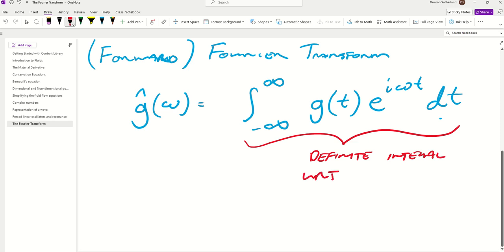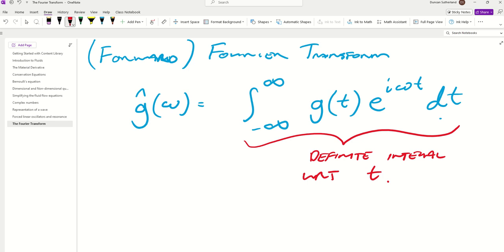And so once you've done this integral and taken the appropriate limits as t goes to plus or minus infinity, the variable is gone from your function.